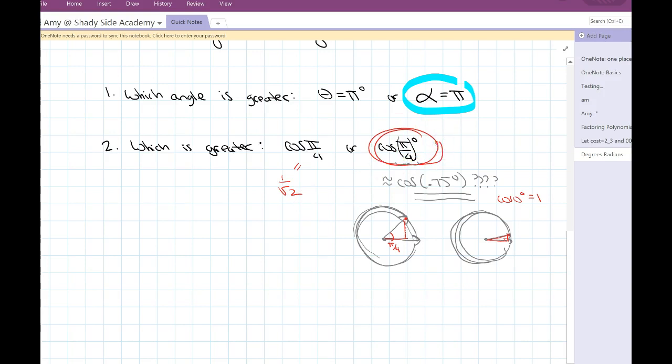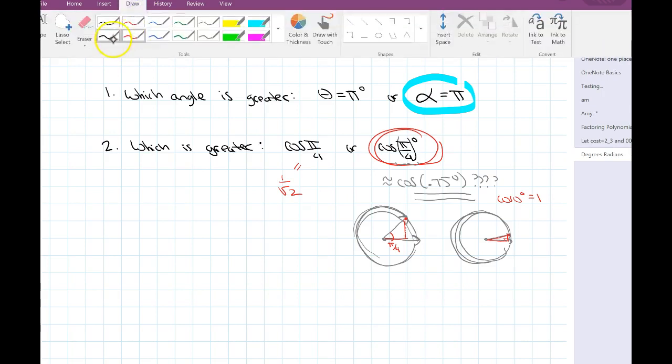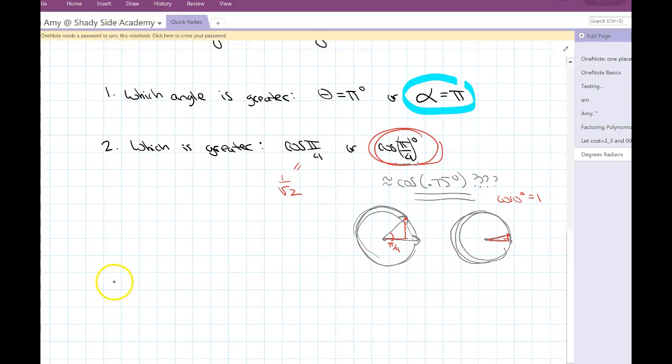Okay, the other thing I want you to think about is this. I just thought of a third question. Okay, this one. Order these angles from smallest to largest. Okay, are you ready? This one I'm going to have you do as part of homework.